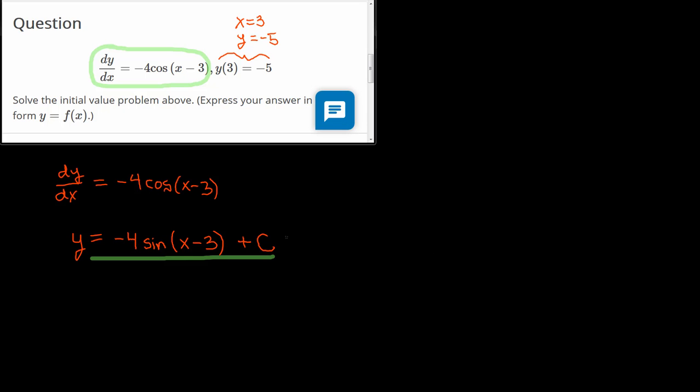I'll just go ahead and make the substitution. This is saying that when x is equal to 3, y is equal to -5. So everywhere I see a y, I'm going to write -5, and everywhere I see an x, I'm going to write a 3.